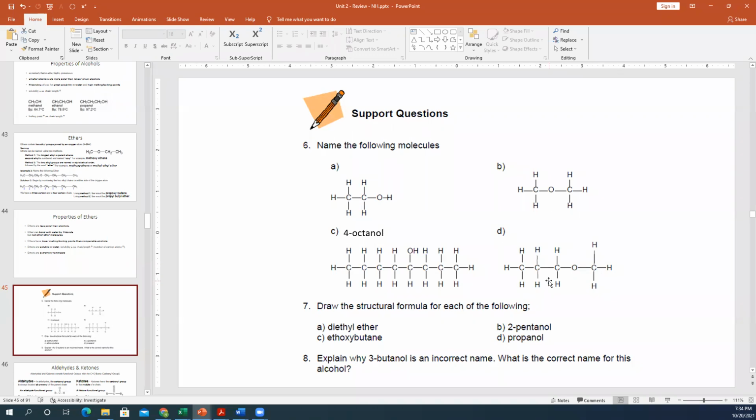So now we've got to name this side and that side. What kind of ether is it? It's got a methyl group and it's got a propyl group. We can name it as methyl propyl ether. This one is a methyl propyl ether.